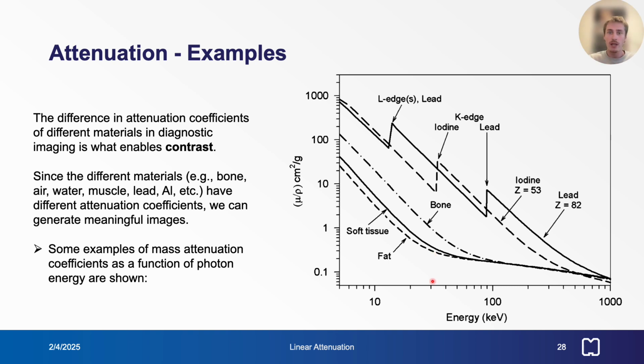For example, the mass attenuation coefficient of fat and soft tissue at 30 keV is very similar. So these materials will hardly be distinguishable, whereas they would be distinguishable from bone and even more from iodine and lead.